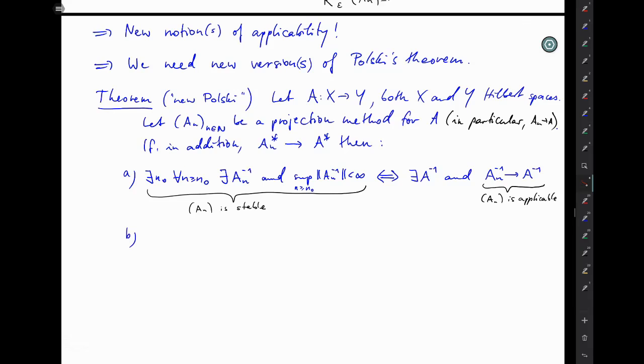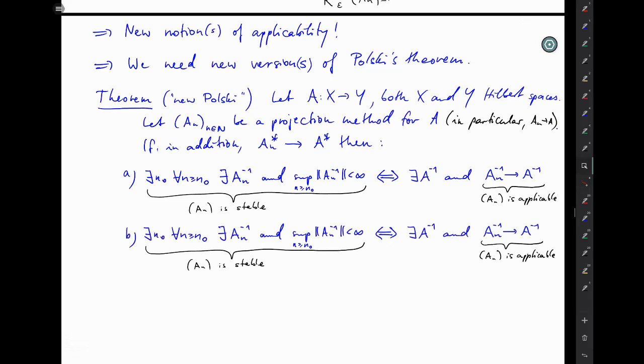Statement B is almost an exact copy of statement A, only with Moore-Penrose pseudo-inverses in place of inverses. And then you just rename these properties into Moore-Penrose stable and Moore-Penrose applicable.